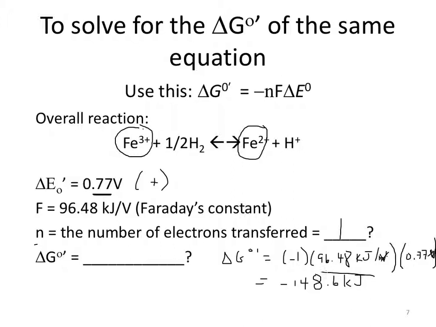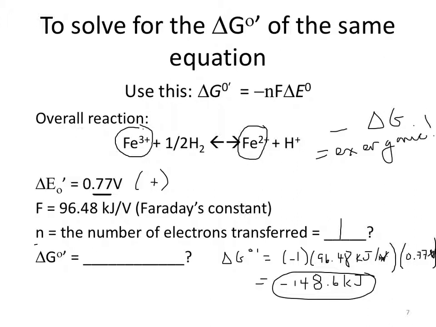That is a pretty negative value. So we have a negative delta G, which means it is exergonic. This is a spontaneous reaction. It can happen thermodynamically, and it's a pretty large value. The value is larger in magnitude than the -31.8 kilojoules per mole needed to make a mole of ATP.